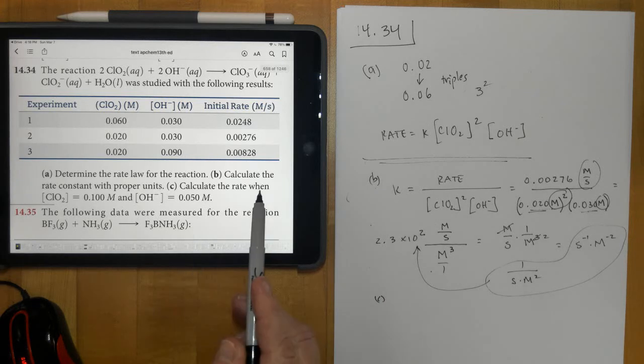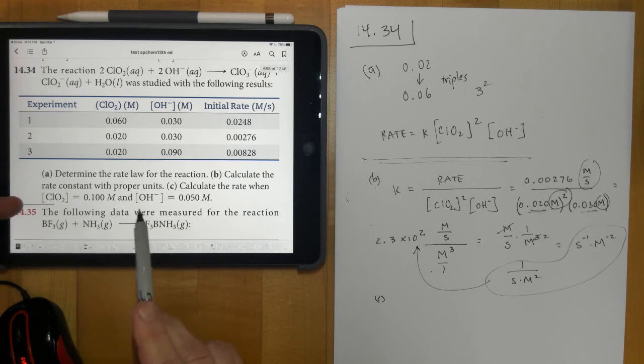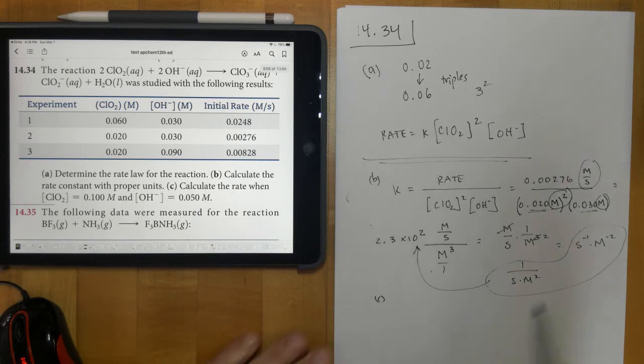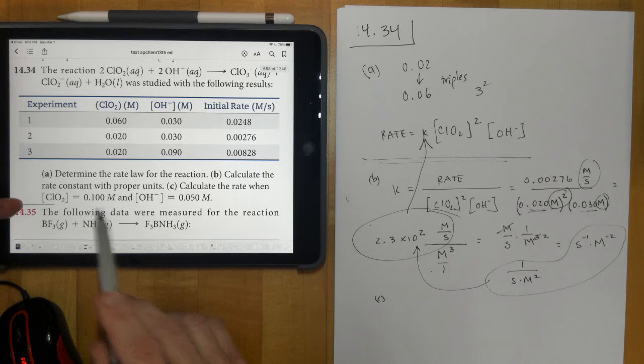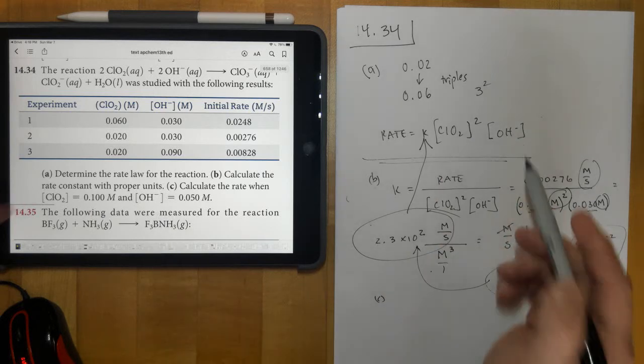And then letter C, it says calculate the rate when ClO2 equals and OH- equals. So now we take this number, and we put it in for k. And then we take these numbers and put those in for each one of the concentrations.